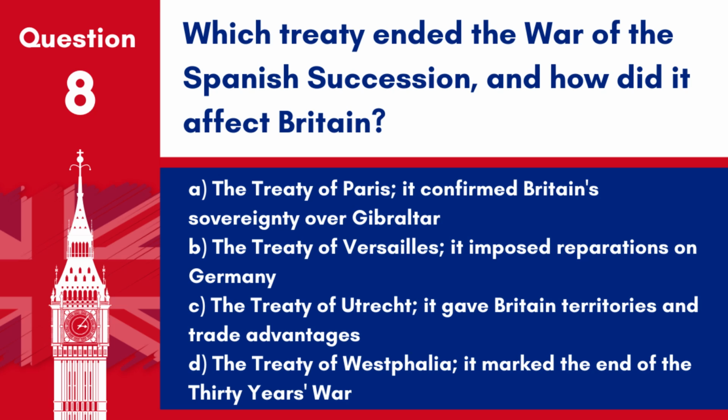It marked the end of the 30 Years' War. Answer C. The Treaty of Utrecht. It gave Britain territories and trade advantages. The Treaty of Utrecht in 1713 ended the War of the Spanish Succession, giving Britain significant territorial gains and trade advantages.